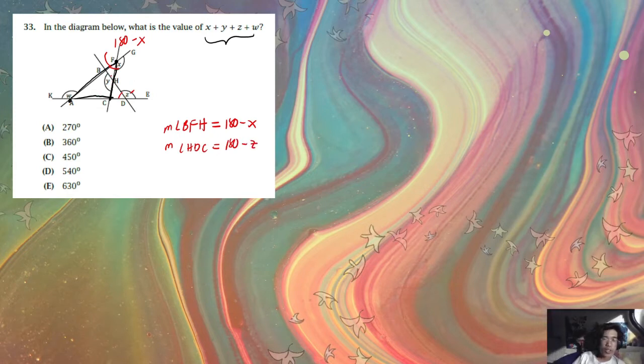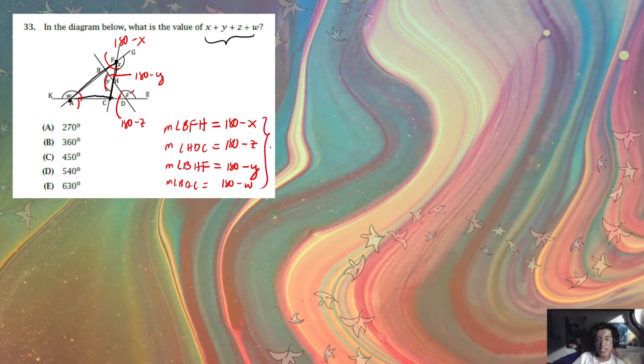And angle y has an angle next to it, angle BHF, so the measurement of angle BHF is equal to 180 minus y. Again, this is 180 minus z, this is 180 minus y. And then we have the measurement of angle BAC, which would most likely be 180 minus w.